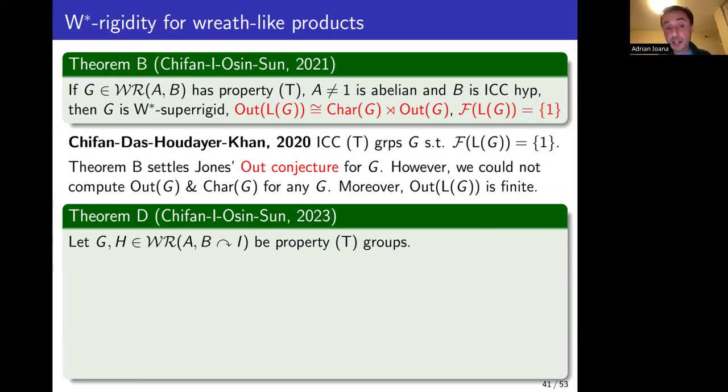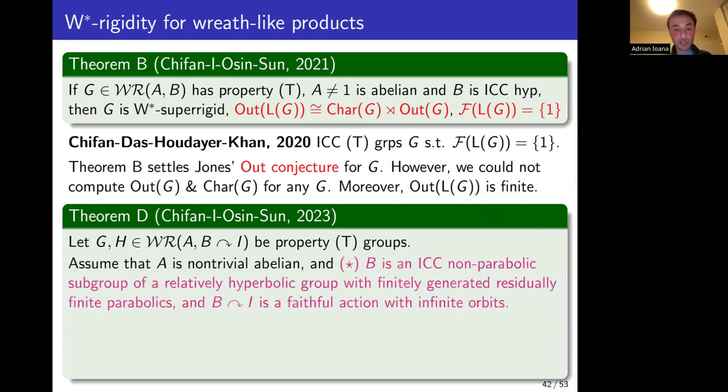So I'm no longer interested in W* superrigidity. I'm just going to take now two groups G and H, which are generalized Wreath-like products of A with an action of B on I. So these are property T groups. And I'm assuming, as before, that A is non-trivial and abelian, and B satisfies the following somewhat long condition.